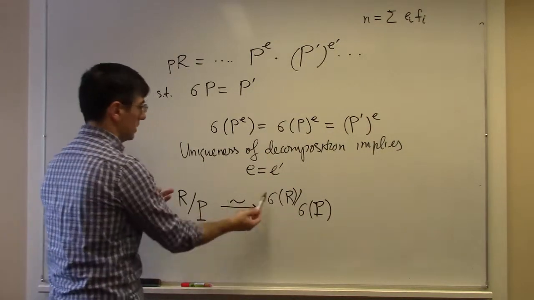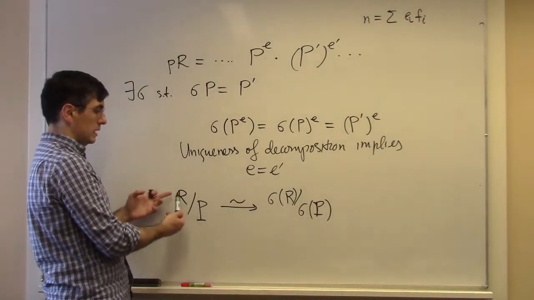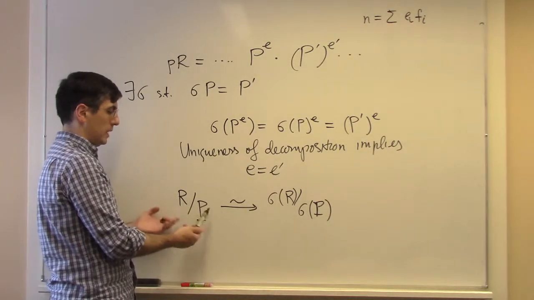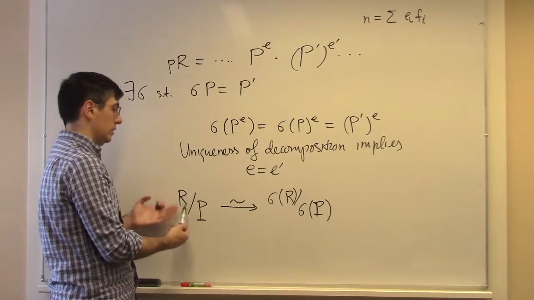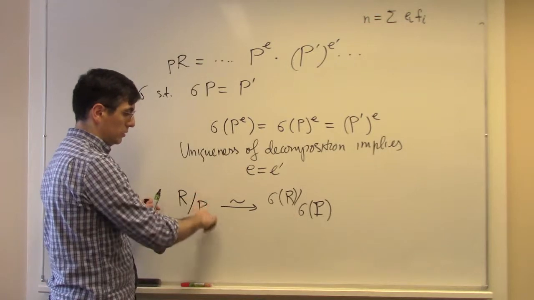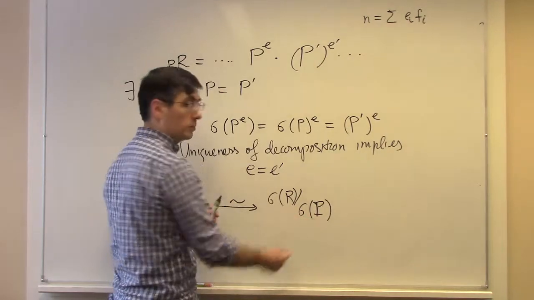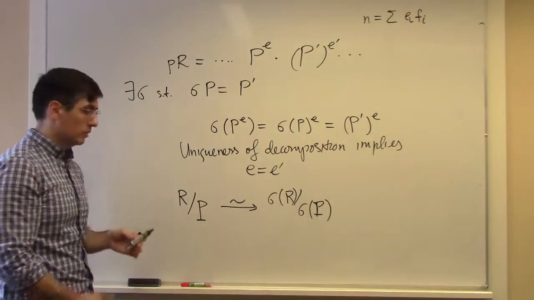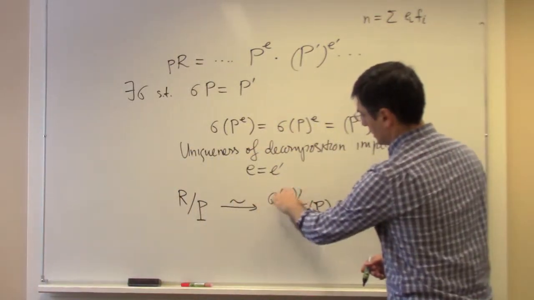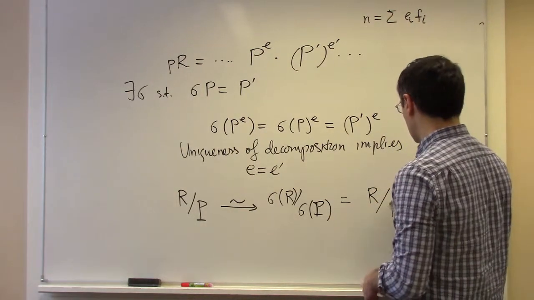The automorphism is applying sigma to elements of R. So instead of computing the coset of alpha with respect to P, you're computing the coset of sigma alpha with respect to sigma P. And this gives you an isomorphism, but this ring, sigma R, is just R, and this is P prime.